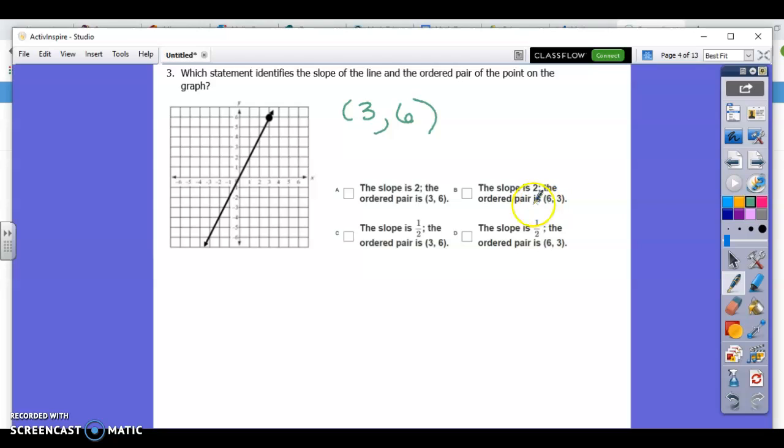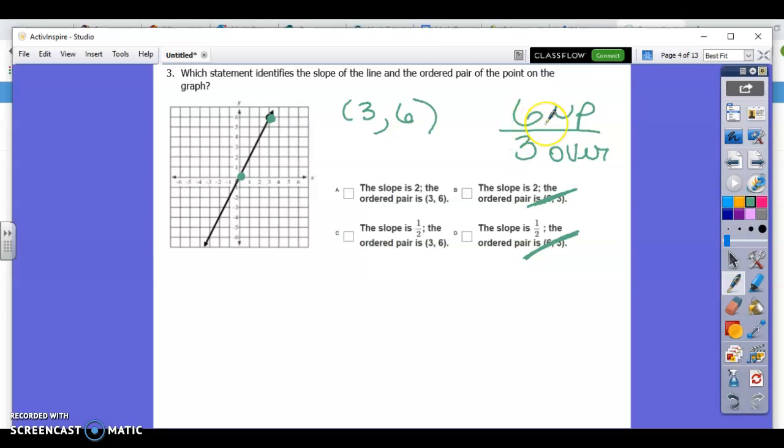So that helps me eliminate this answer choice and this one. Now I'm going to look at the slope. So what I do is I start at the y-intercept, and here's the y-intercept here, and I see my point, so I'm going to count how far up and how far over do I have to go in order to reach that point. So it's up 1, 2, 3, 4, 5, 6, and over 1, 2, 3.